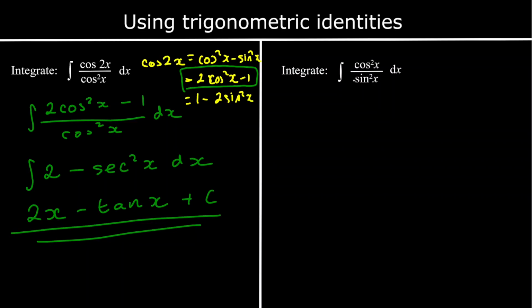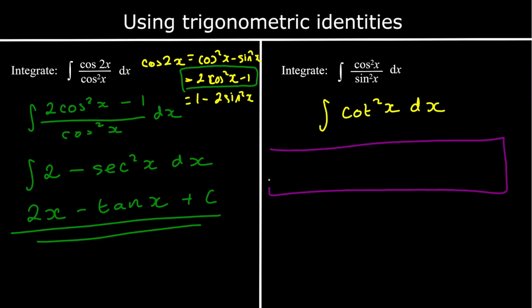So this time we've got the integral of cos squared x over sine squared x. That's the same as cot squared x. We can't do anything with cot, but we have an identity, which is 1 plus cot squared x equals cosec squared x.